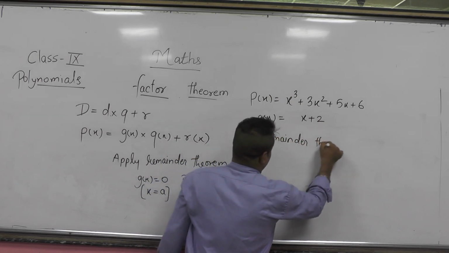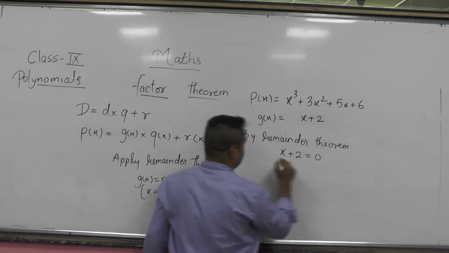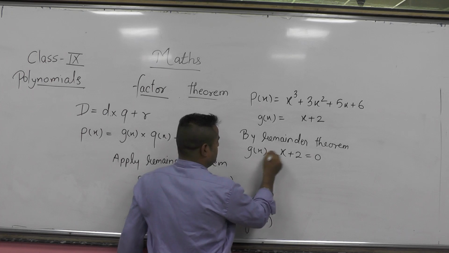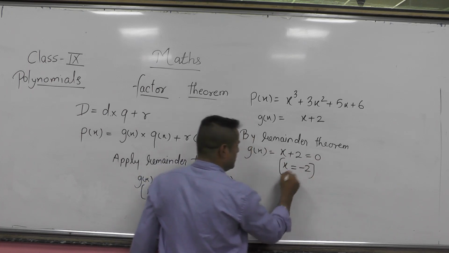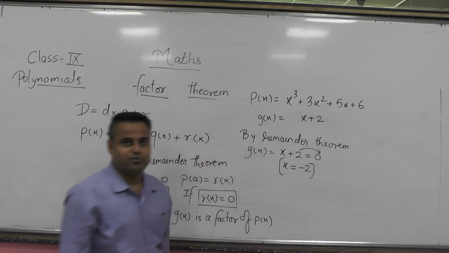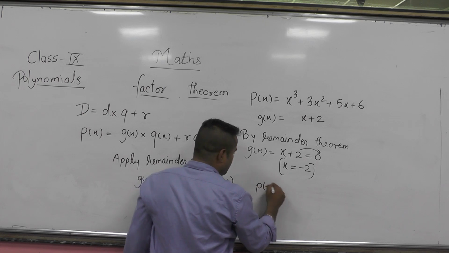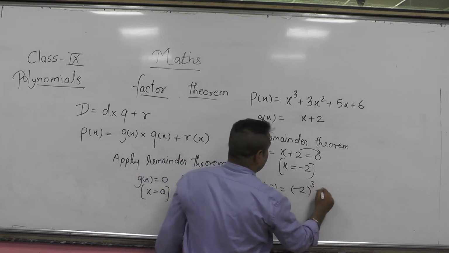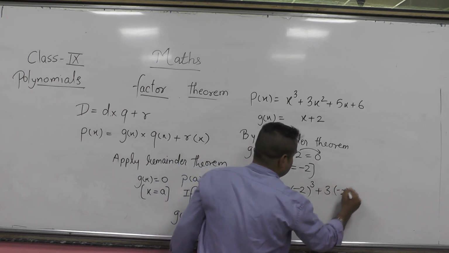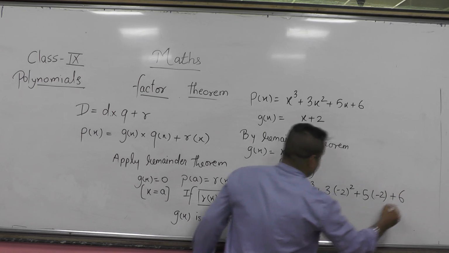by the remainder theorem we can put x plus 2 equal to 0 as g(x). We are putting g(x) equal to 0, we will get the value of x as minus 2 by transposing the plus 2 to the other side. Now we are putting the value here, p(-2) gives us (-2) cube plus 3(-2) square plus 5(-2) plus 6.